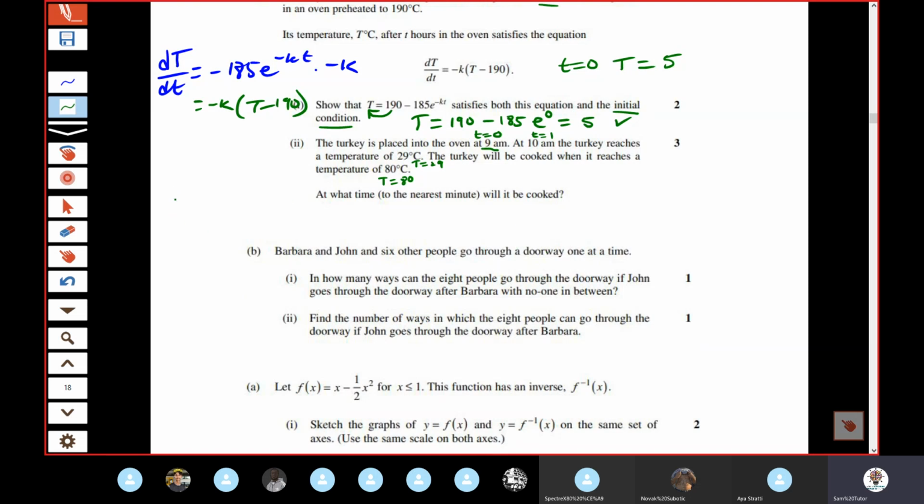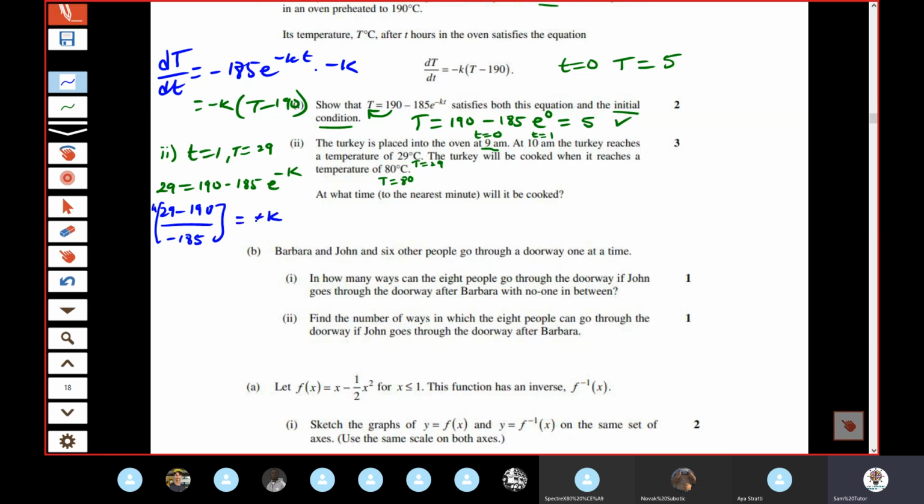Okay, so of course, you always need to find k first. So you're going to sub in your first set of conditions, which is when time is 1, temperature is 29. Temperature 29 equals 190 minus 185 e^(negative 1k), so just k. We should know how to solve for k by now. Subtract 190, divide by negative 185, log both sides.